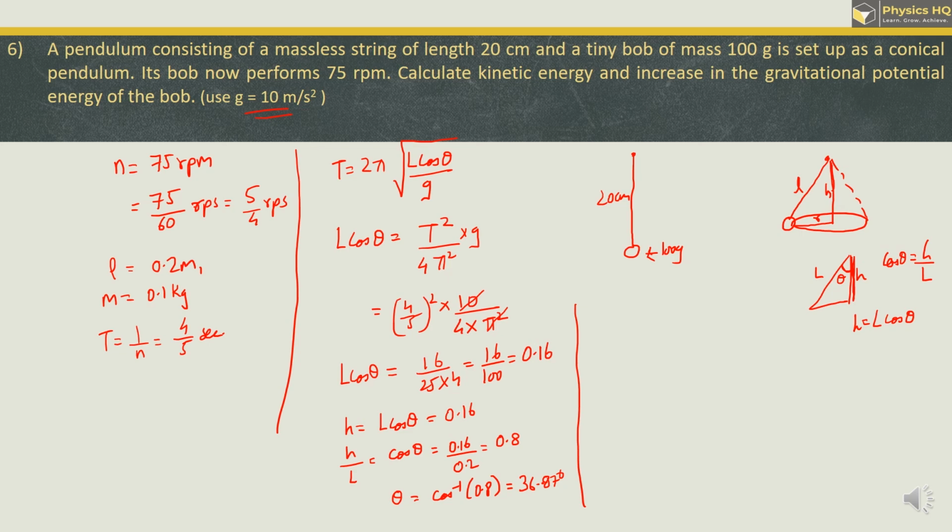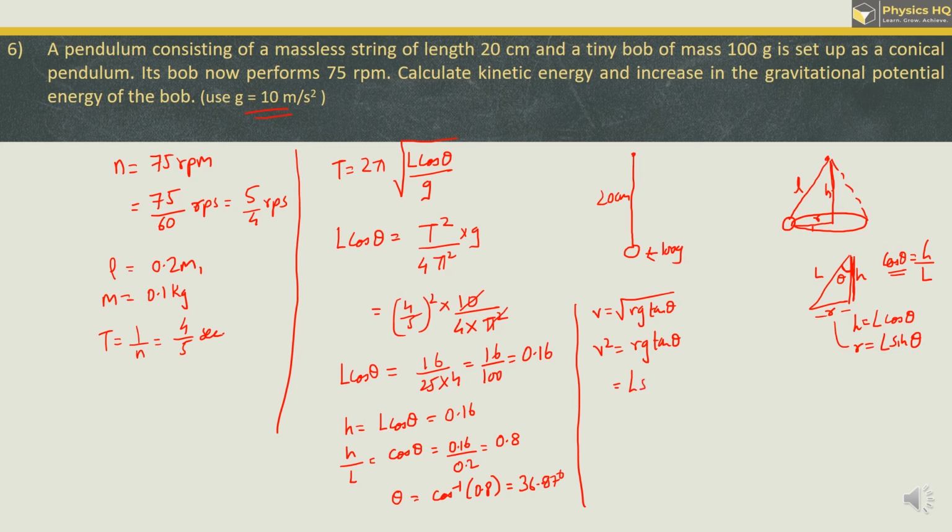Now to calculate kinetic energy, we have the formula half mv square, so we will find velocity first. We have the formula v is equal to root of r g tan theta, so v square is equal to r g tan theta. Just like we found h as L cos theta, we can write r as L sin theta.